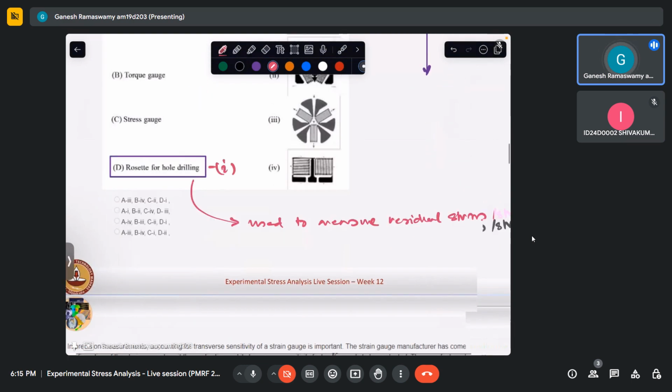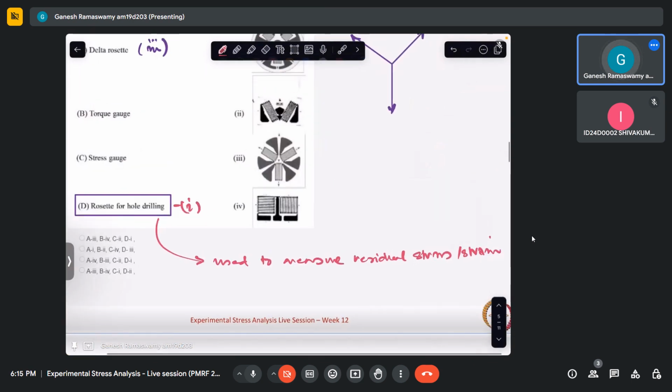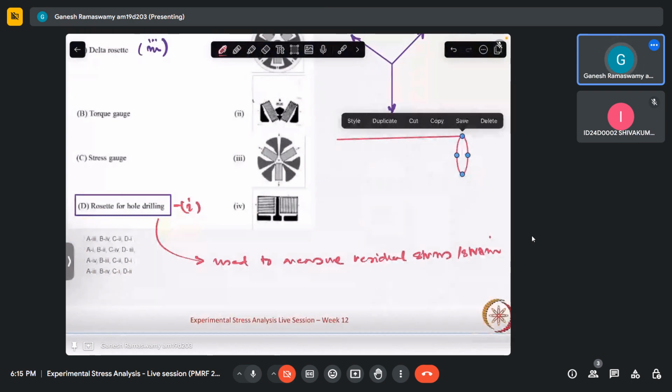Now if we see a torque gauge, essentially what a torque gauge is, when principal stress directions are known, what happens in the case of a cylinder? So let us say we have a cylinder like that, and this is subjected to a torque.